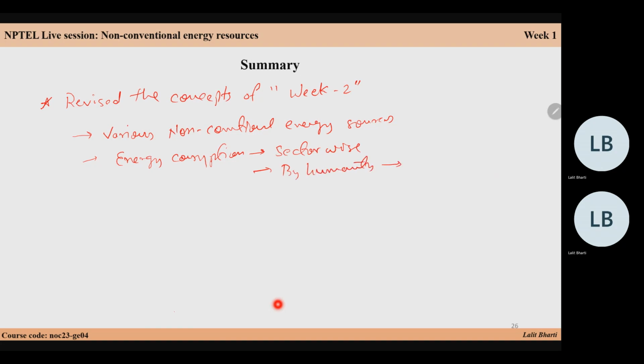Humanity means the per capita. So we were shown how the per capita energy consumption is calculated and what the international trend is.